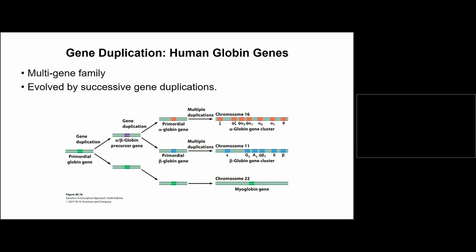Then the alpha globin gene cluster had multiple duplications to become all these versions of alpha globin, and then we have all these versions of beta globin. All of these different globin genes are really important for our development and what makes humans humans, all coming over time from this ancestral globin gene.